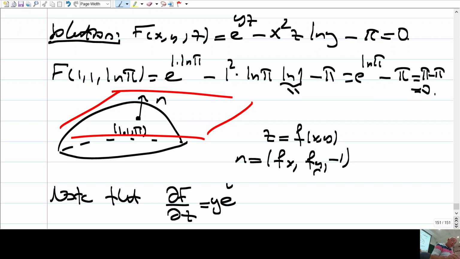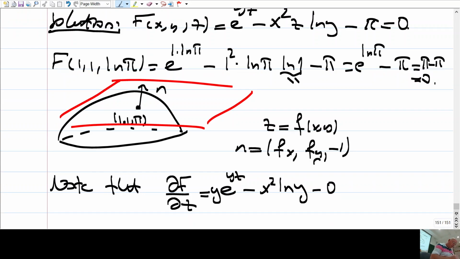This is y times e to the power yz minus the derivative with respect to z of x square z ln y, minus pi, the derivative of pi is just 0.